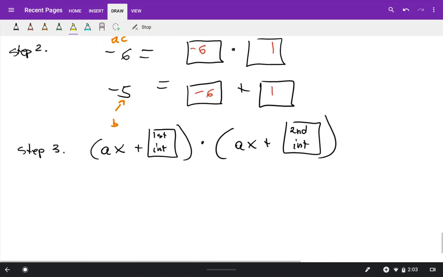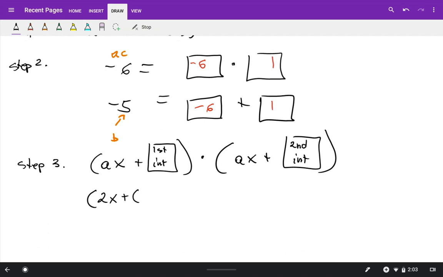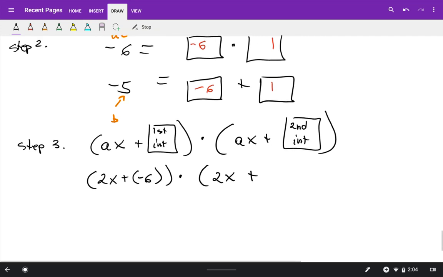So we're going to have 2x plus first integer, which was negative 6, times 2x plus second integer, which is 1. So now this is what you need to do. Okay, let's just simplify that. This is the same as 2x minus 6 times 2x plus 1.